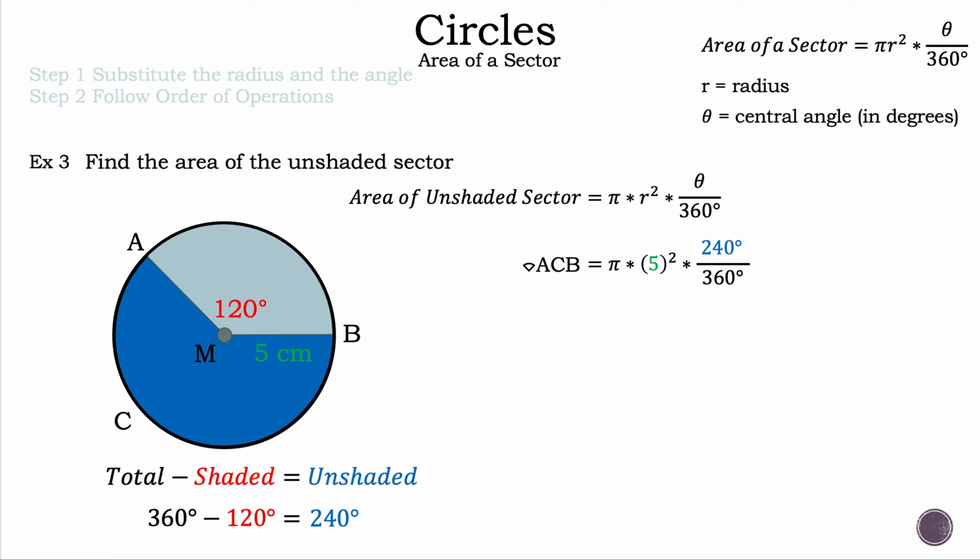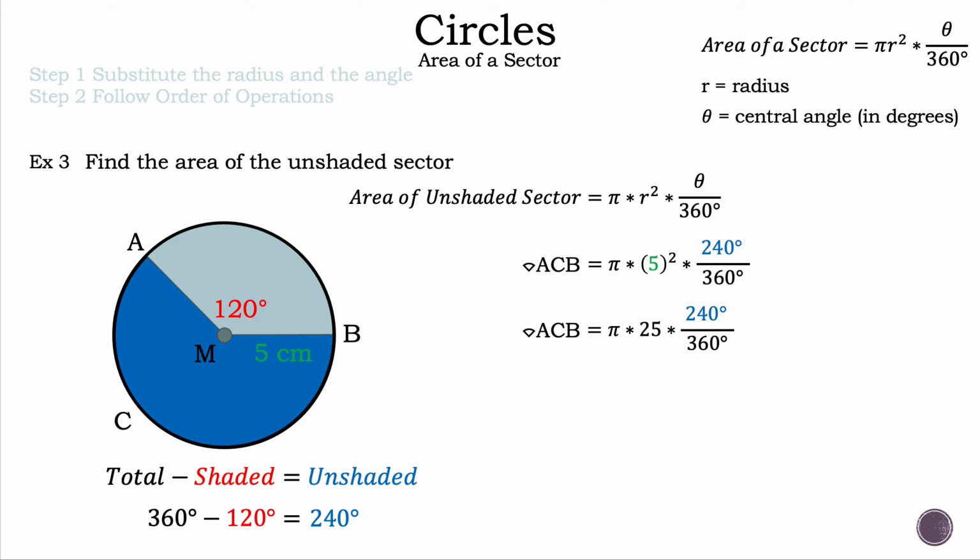And now we have sector ACB is equal to pi times 5 squared times 240 degrees divided by 360 degrees. Now let's go ahead and follow order of operations. So we're going to square that number 5, and 5 squared is 25, because 5 times 5 is 25.